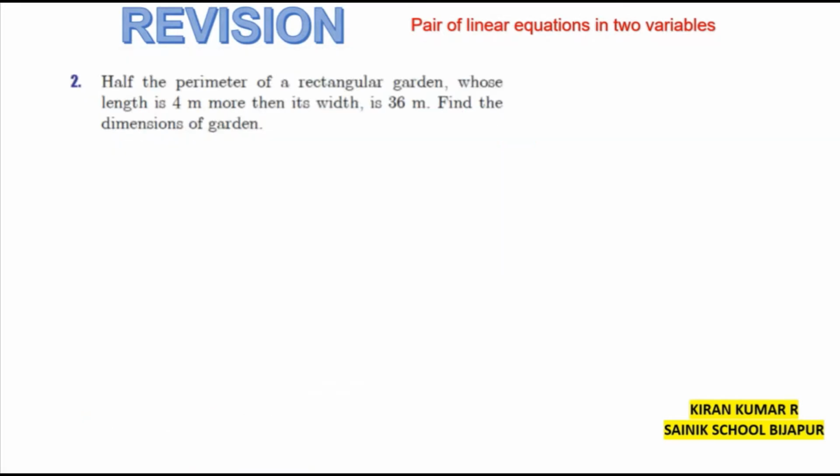Go through the question. Half the perimeter of a rectangular garden whose length is 4 meters more than its width is 36 meters. Find the dimensions of the garden.